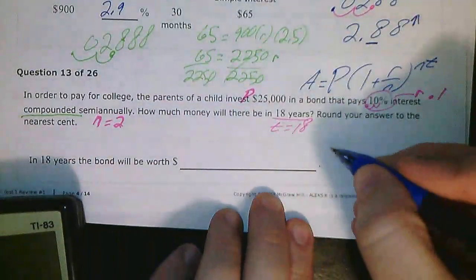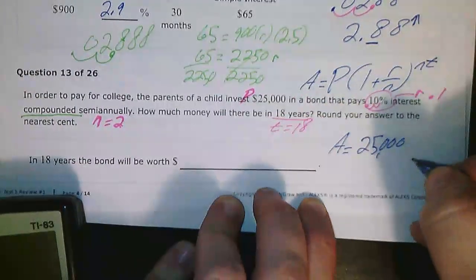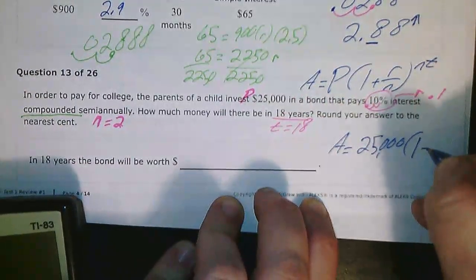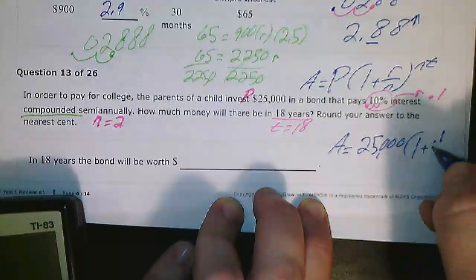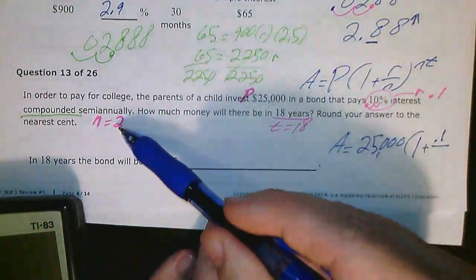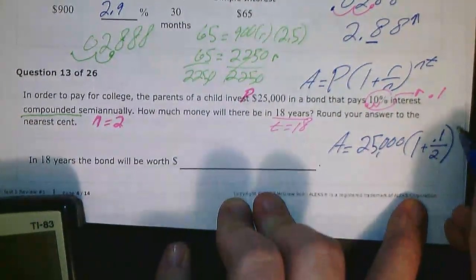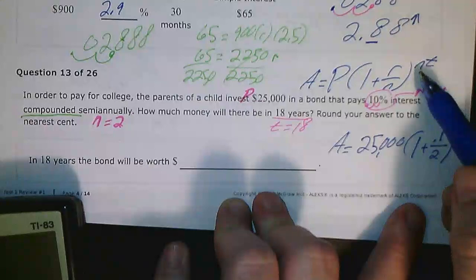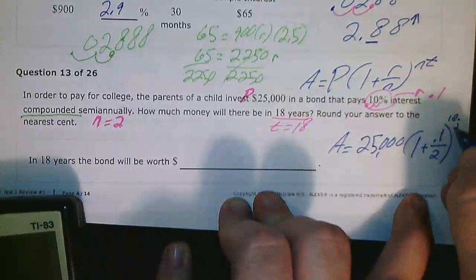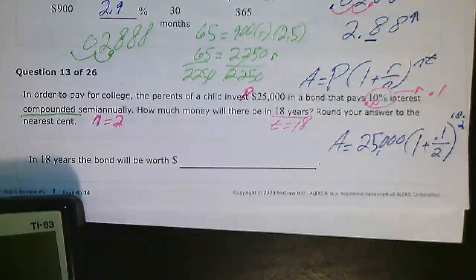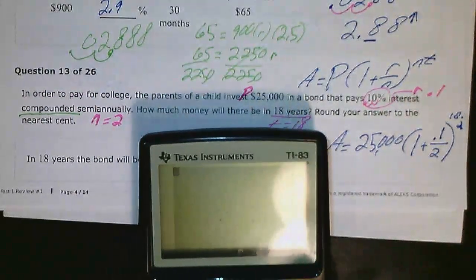But to fill in the formula, our principal, 25,000, times, in parentheses, 1 plus our rate, is 0.1 or 0.10, over N, which is 2, raised to the power of, I'm going to have to cram this in, but N times T. So 18 times 2. So try to get this all in the screen.